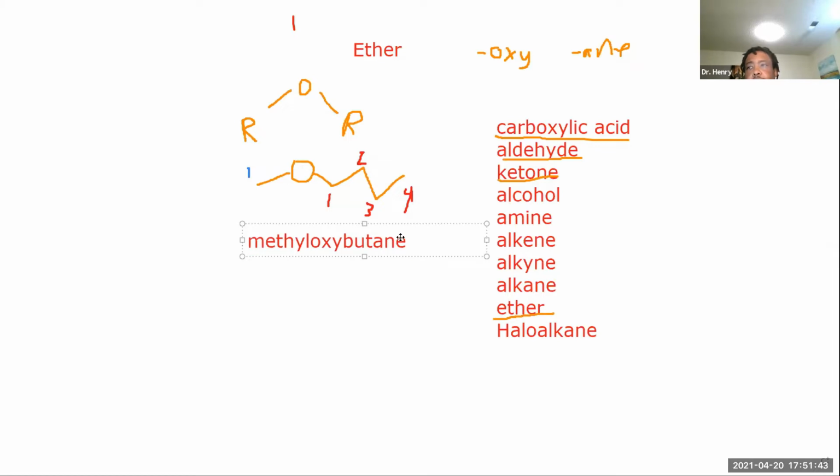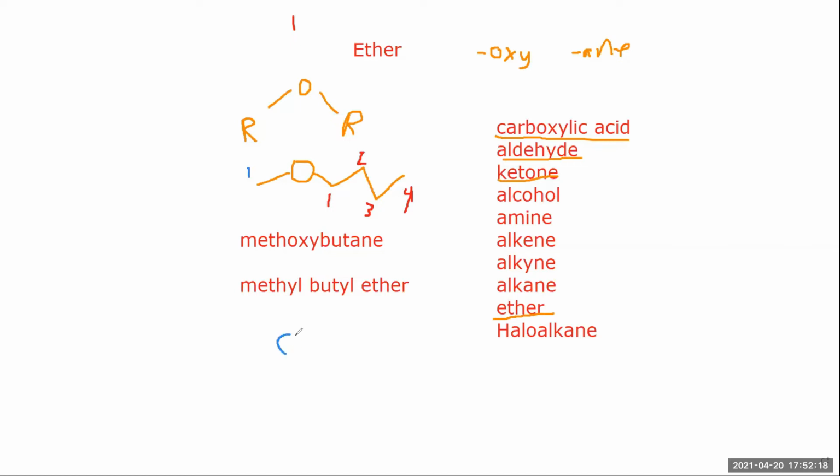So that would be one way of naming it. The more common way of naming it is methoxybutane. And then the most common way of naming it is methyl butyl ether. Does that make sense?